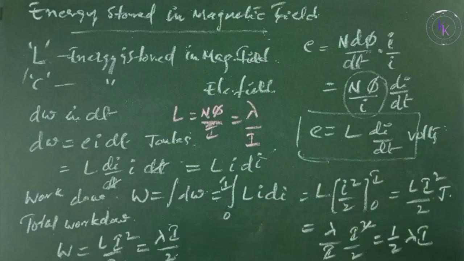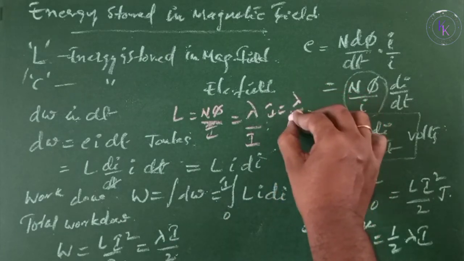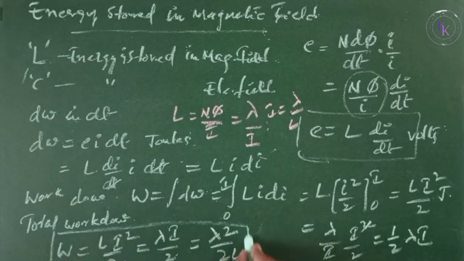We can also write I equals lambda by L. Now if you substitute that, this becomes lambda square by 2L. The first term is in terms of inductance and current, the second term is in terms of flux linkage and current, and the third term is in terms of flux linkage and inductance.